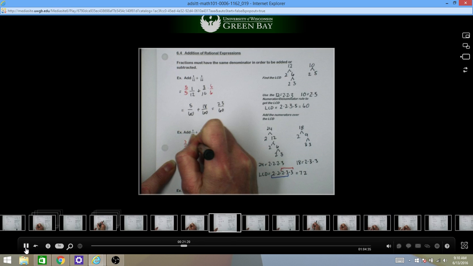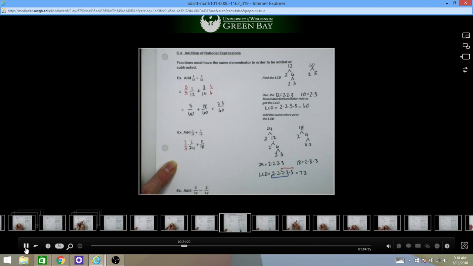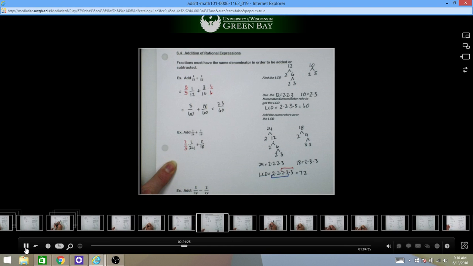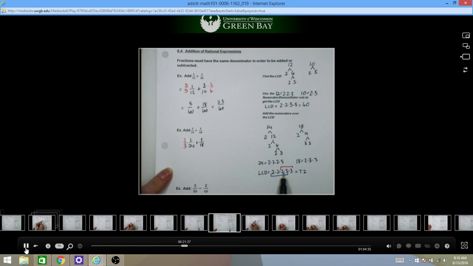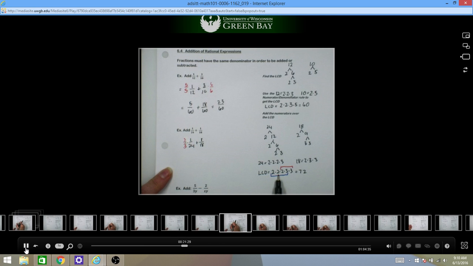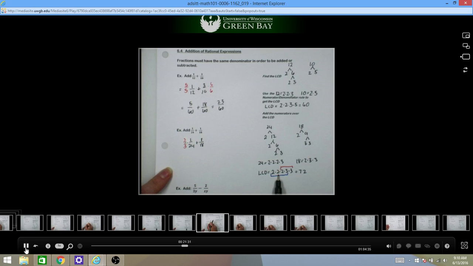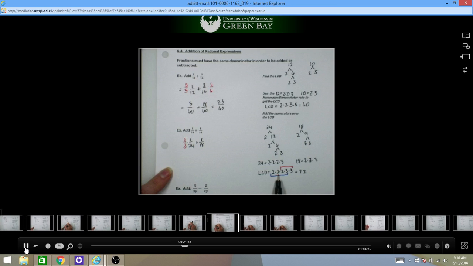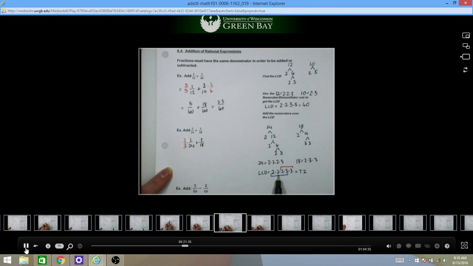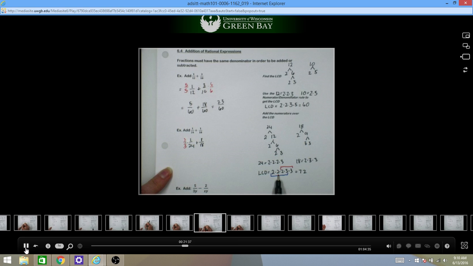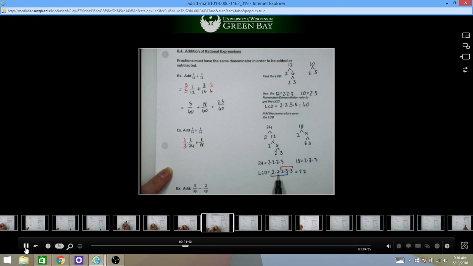And then my 18, that's 2 times 3 times 3, so I need 2 times 2 yet. So I need to multiply by 4 over 4. So we have 3 over 72 plus 4 over 72, and that's 7 over 72.